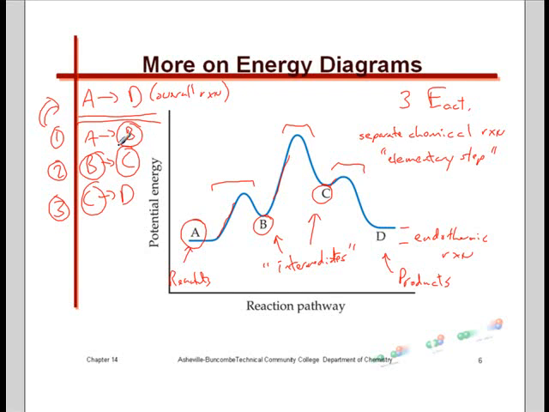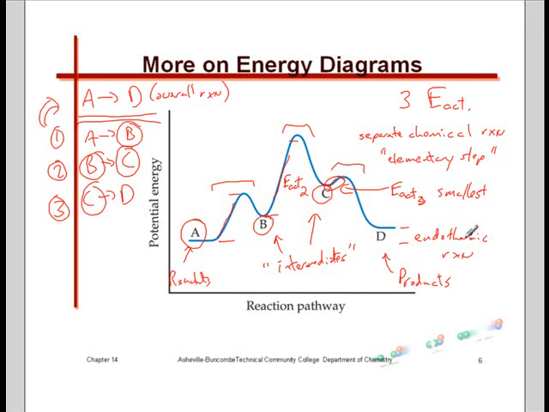And then each one of these steps has a corresponding activation energy, and you can quantitate these things. This is by far the largest. So I can say E-act 2 is greater than either of the other two, and then E-act 3 is the smallest.